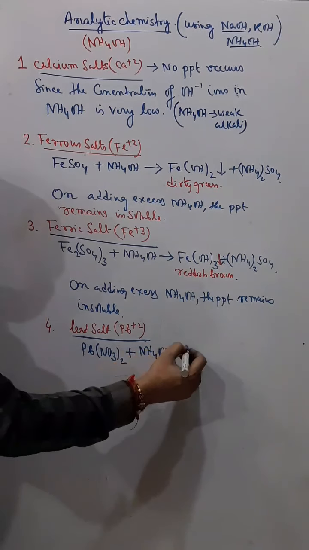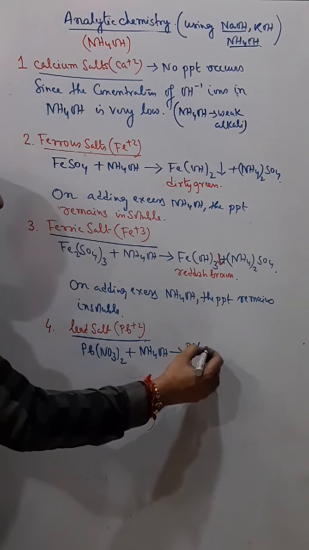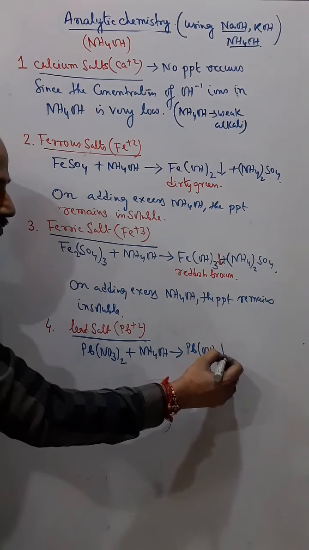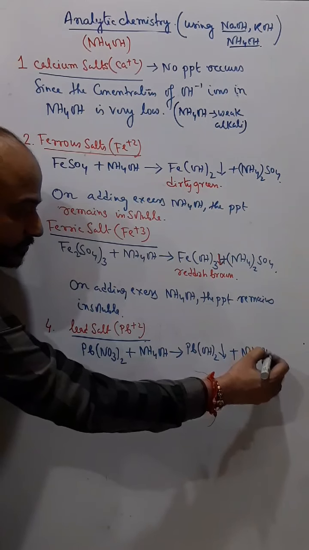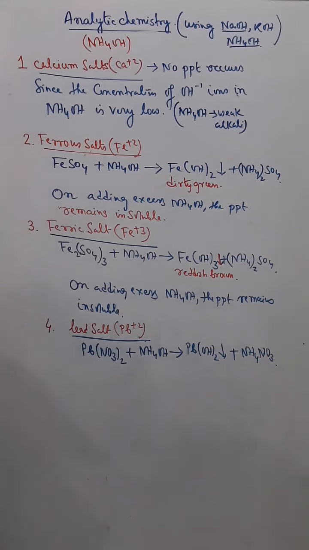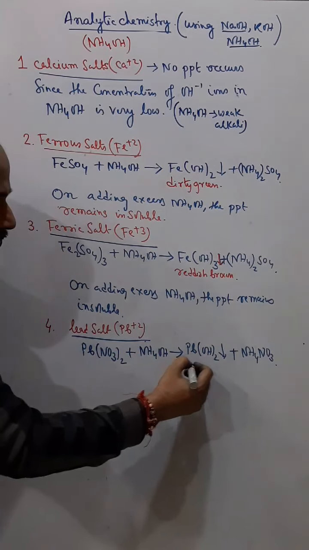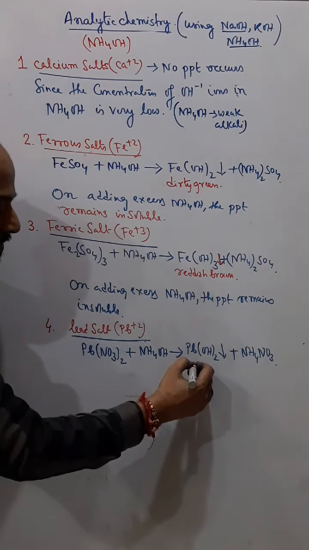So what we get? Pb(OH)2 and plus NH4NO3. Okay. And then here also you get that chalky white precipitate.